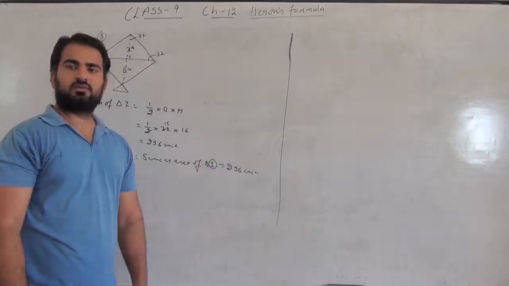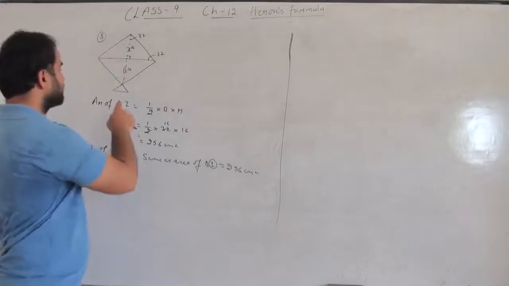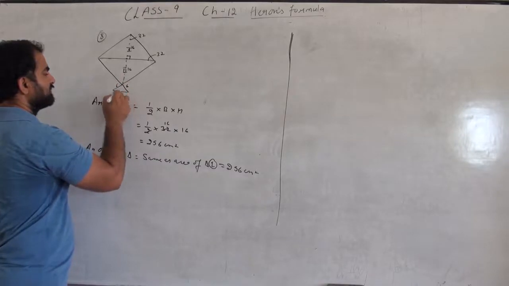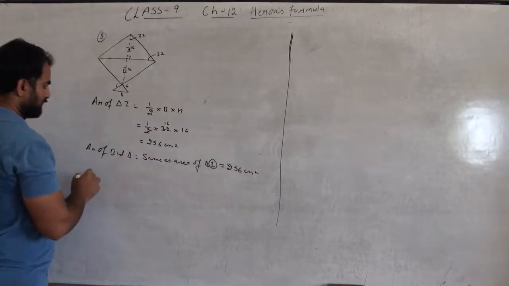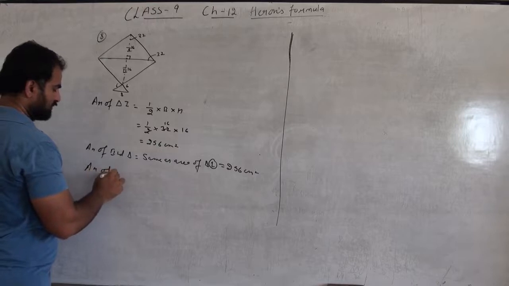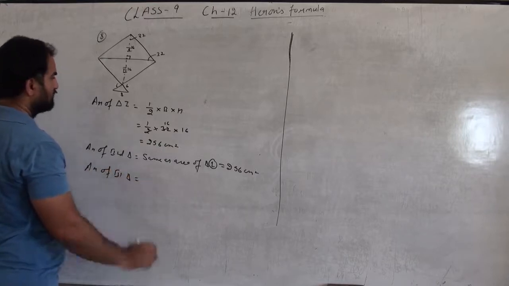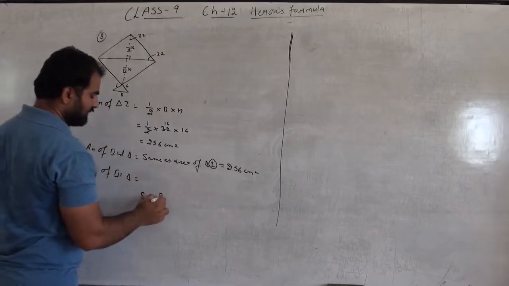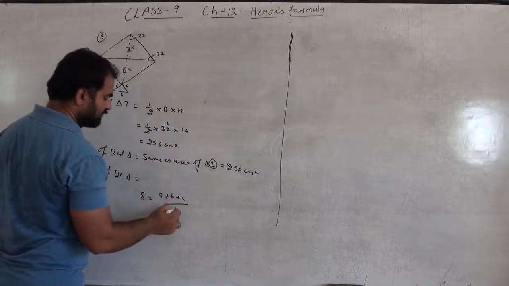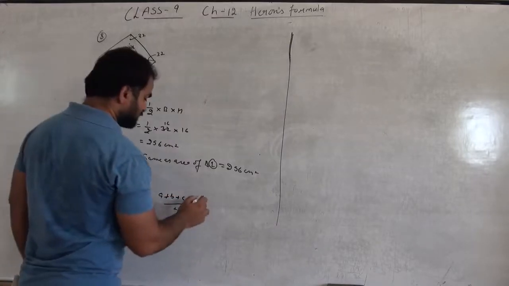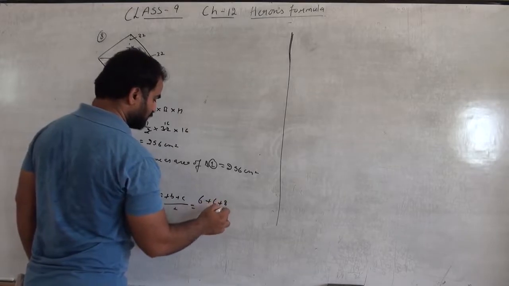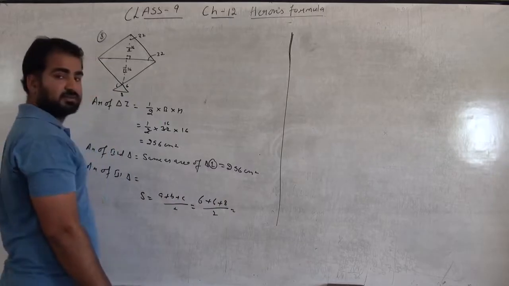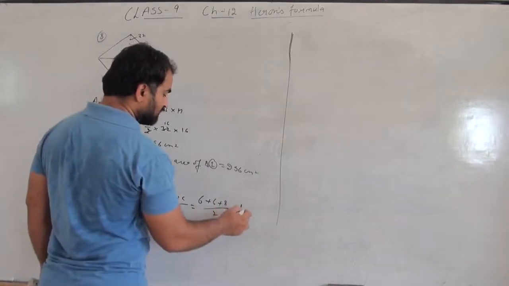Okay, and class, area of this third part is, so we have equal side 6 and the base is 8. So first of all, area of third triangle, we have to find S, A plus B plus C upon 2 equals 6 plus 6 plus 8 upon 2. 8 plus 6, 14, 14 plus 6, 20, 20 by 2 equals 10.